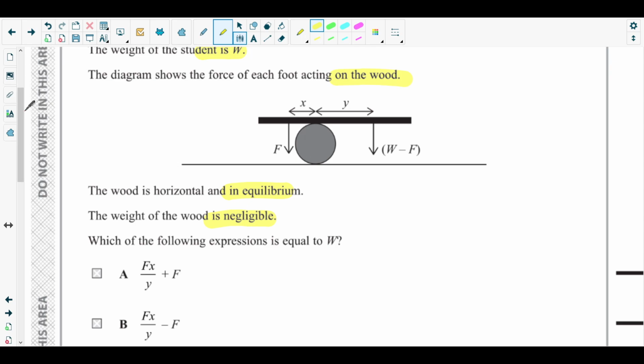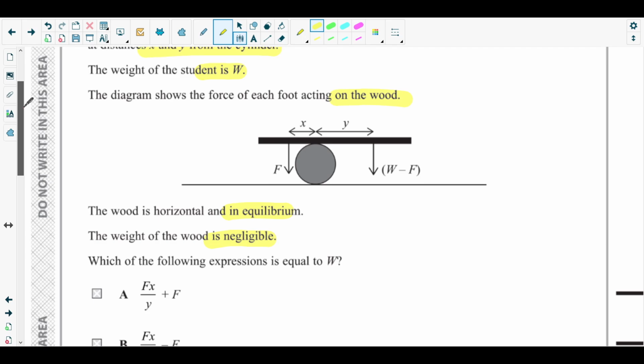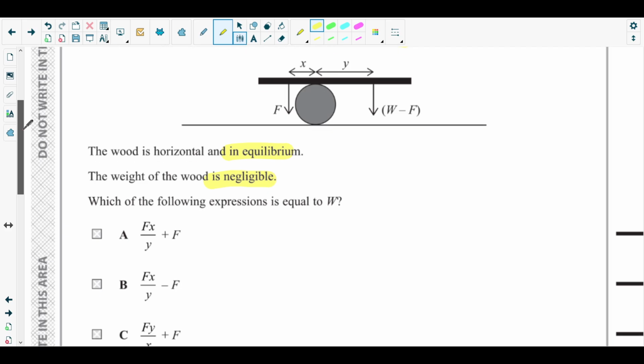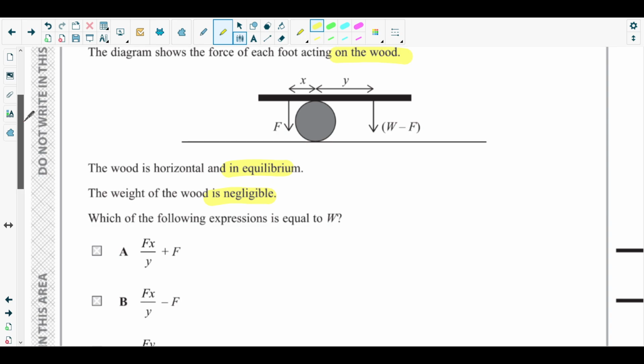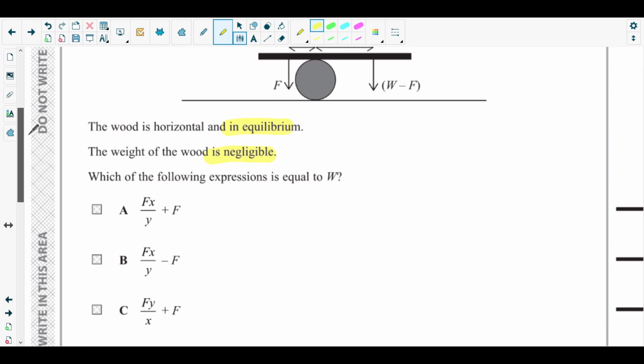W is the weight of the student, right? So in this case we have to consider moments about something.